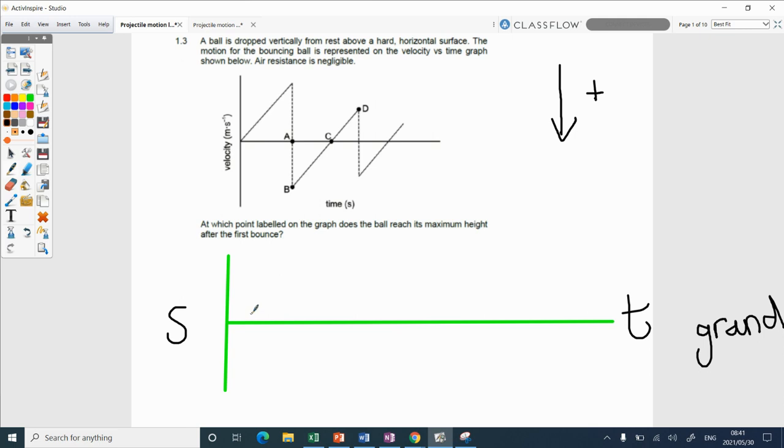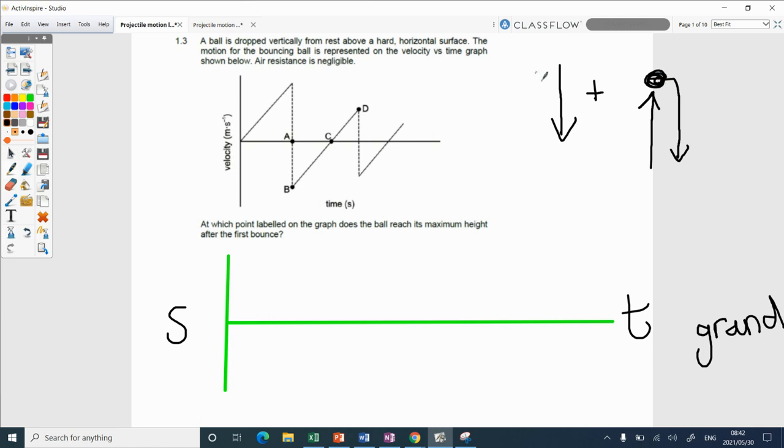So if the ground is your reference point, did the ball start on the ground or above the ground? Above the ground. So it started here and it was dropped. So did it start positive or did it start negative? Positive, because positive is downwards. But did it start down from the ground or up from the ground?